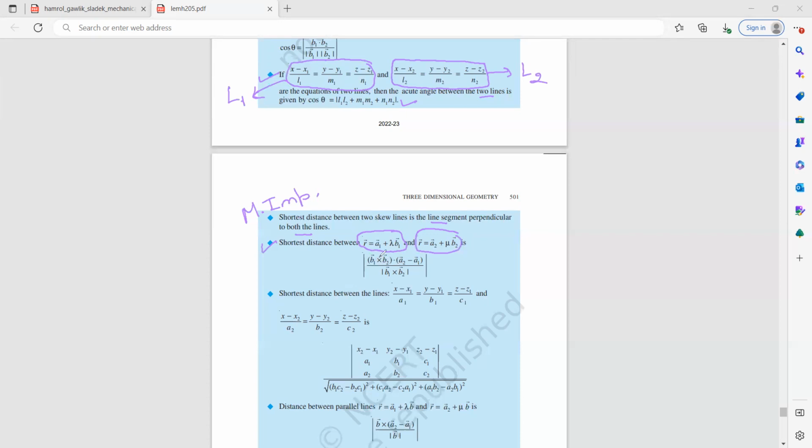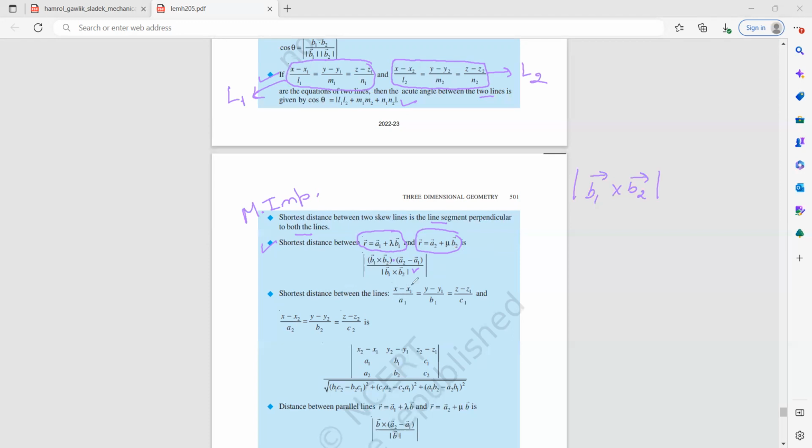First of all, you have to find b1 cross b2, then a2 minus a1, you will get a vector here, and then find their dot product divided by the magnitude of b1 cross b2, found using the vector product. Write it in the denominator and take the mod of the whole. You will be very happy to see questions based on this topic.